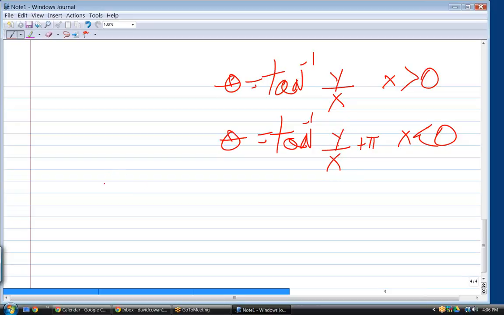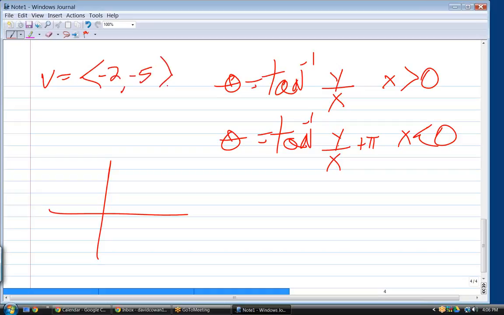Okay? So, let's figure out the following one. The vector is v equals -2, -5. Well, that's right there. And we're looking for that direction angle.